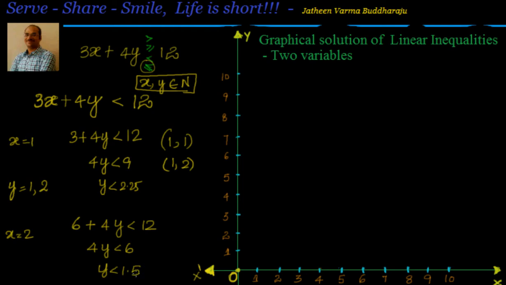So y can be 1, because we are only talking about natural numbers; we said it belongs only to N. So x equal to 2, y equal to 1, that is 2 comma 1, is another solution of this inequality. This is fine because it is a natural number.